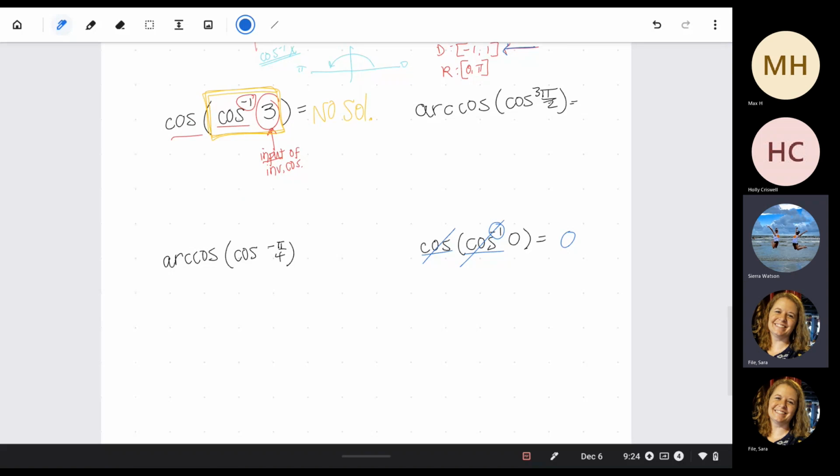Okay, makes sense. Now looking at these other two, it's flipped to where the inverse is the outer function. So instead of asking if that value is in the input of the inverse, I need to know, if I'm wondering if I can cancel these out and 3 pi halves be my answer, that means 3 pi halves would have to be the output for arc cosine.